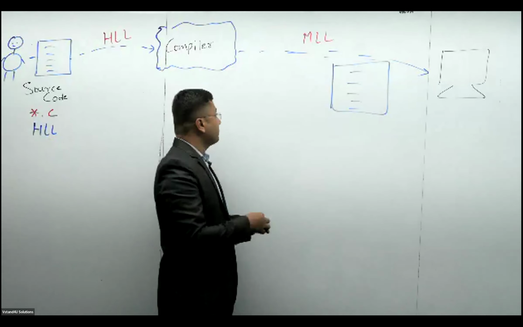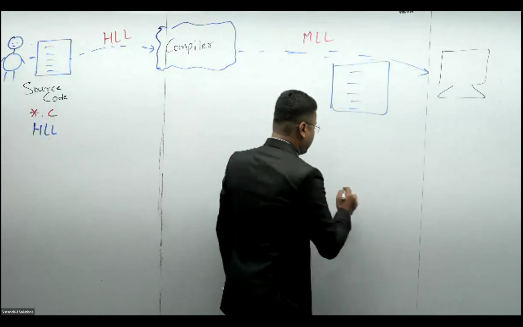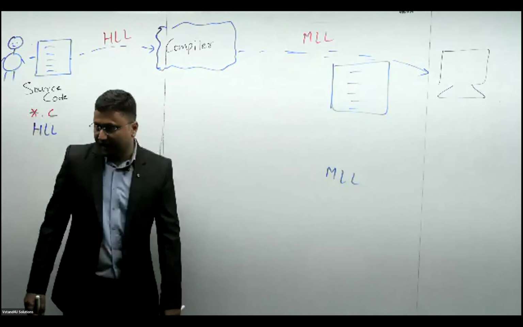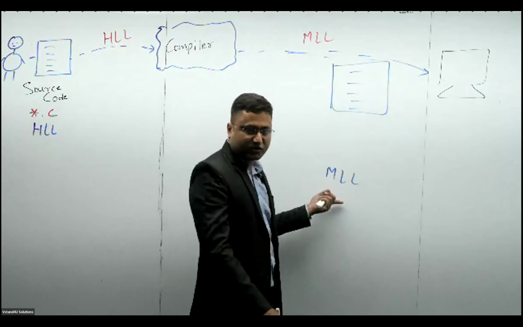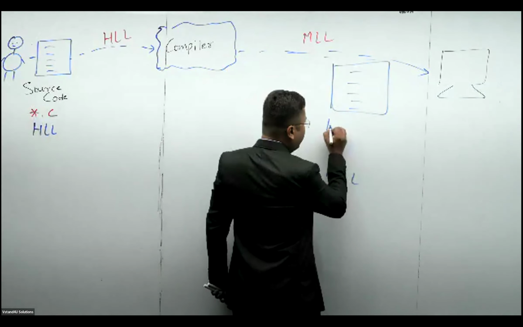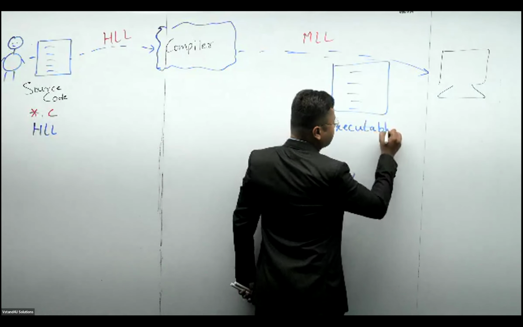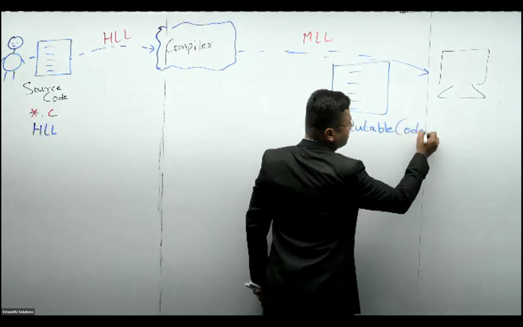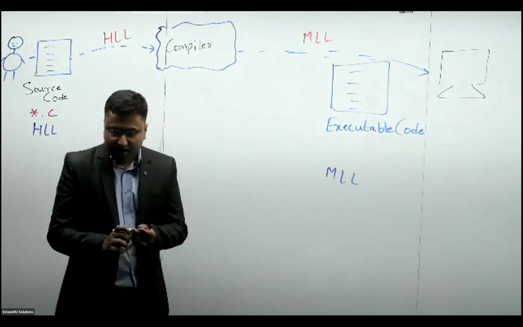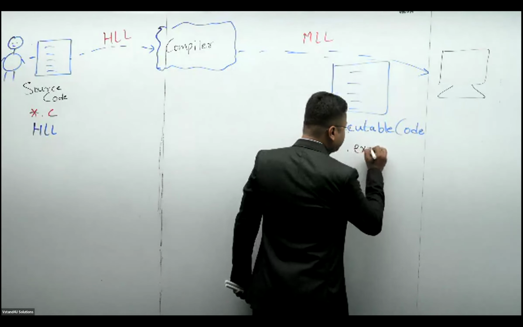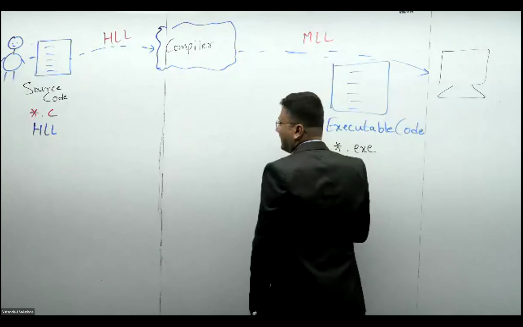After compilation, the compiler will produce machine level language. If the machine needs to execute this file, don't you think this should be executable code? Executable code means it must have the extension .exe, where star means any name.